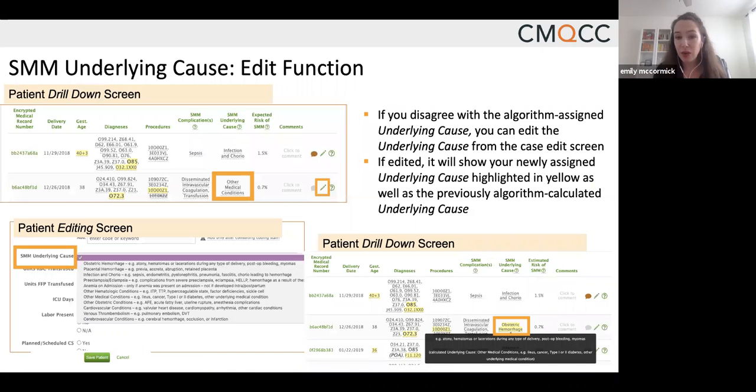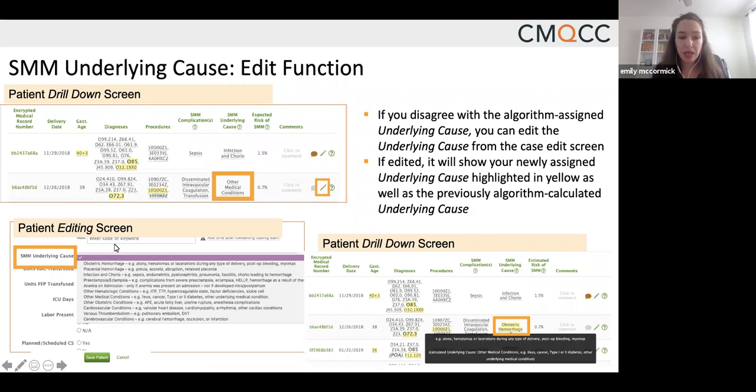I mentioned that you can edit the underlying cause if you would like to. So say for this patient, I didn't agree that it was an other medical condition. I thought it was actually just an obstetric hemorrhage that was the underlying cause of the DIC and transfusion. I can go ahead and click on this green edit pencil.